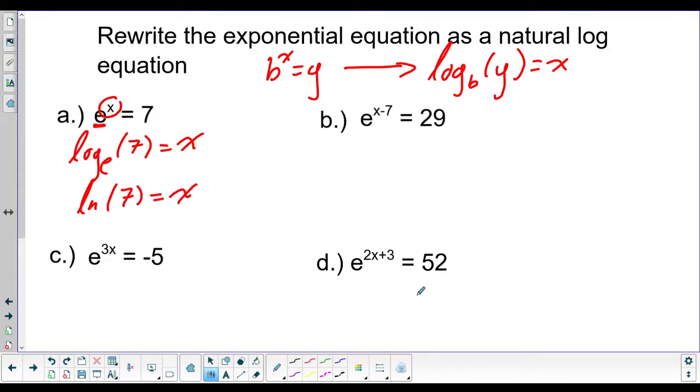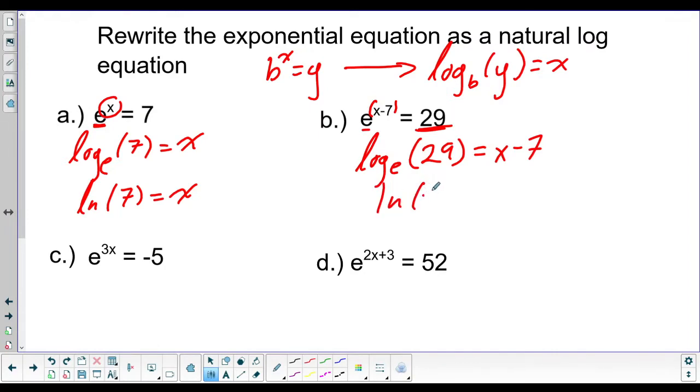Let's do a couple more just for practice. This would be log base e of 29 equals the exponent, and the whole exponent is x minus 7. Then of course we write the log with base e as a natural log. So our answer would be ln of 29 equals x minus 7. They're not asking you to solve these yet, just to rewrite them.